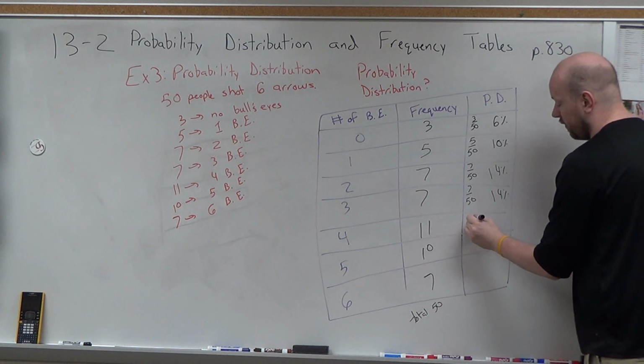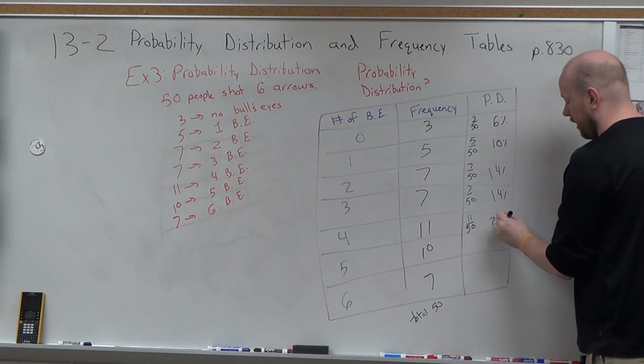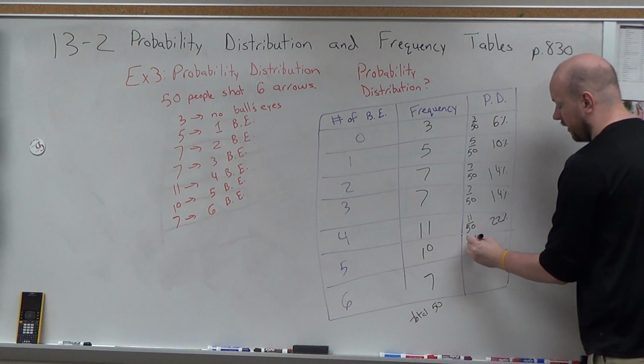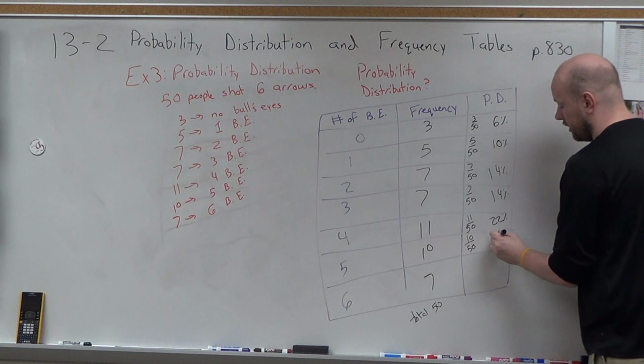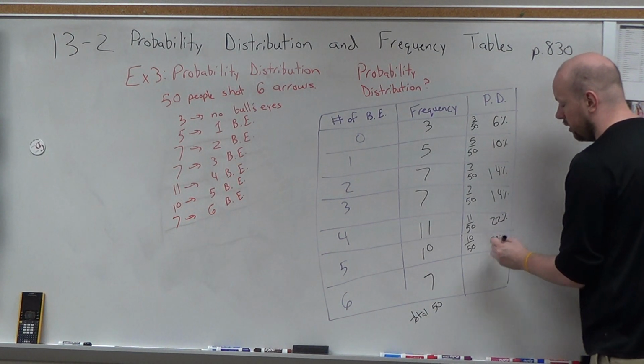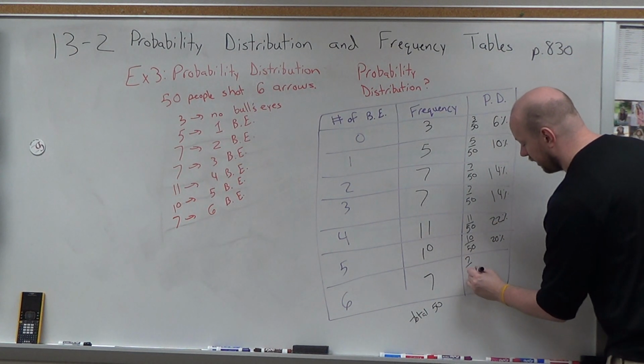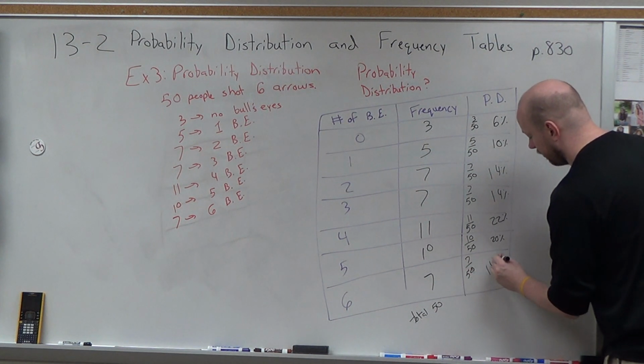Then I get 11 over 50. Then I get 22%. I get 10 over 50, which is 20%. Then I get 7 over 50, which is 14%.